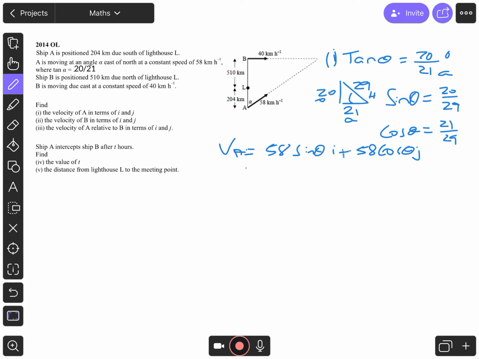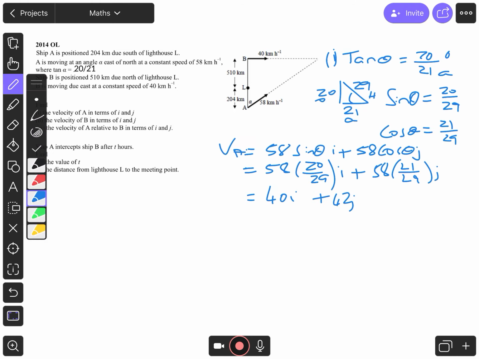In for sine of theta I put 20/29, and in for cos theta goes 21/29. So the velocity of A is going to be 40i plus 42j, and that is part one done.